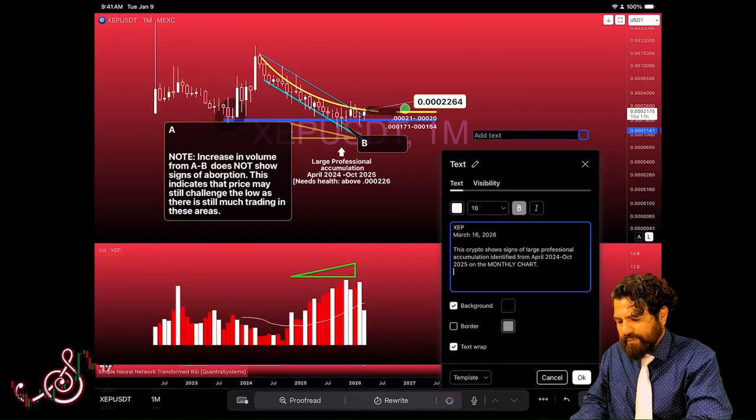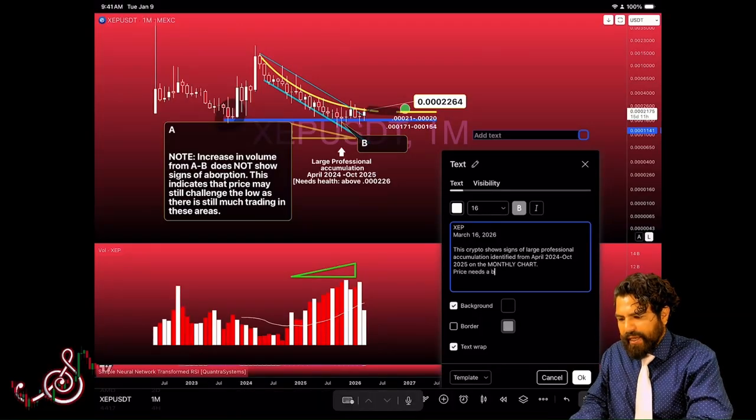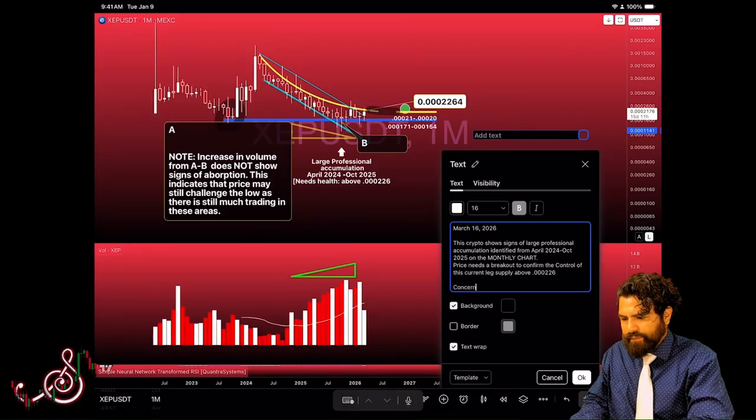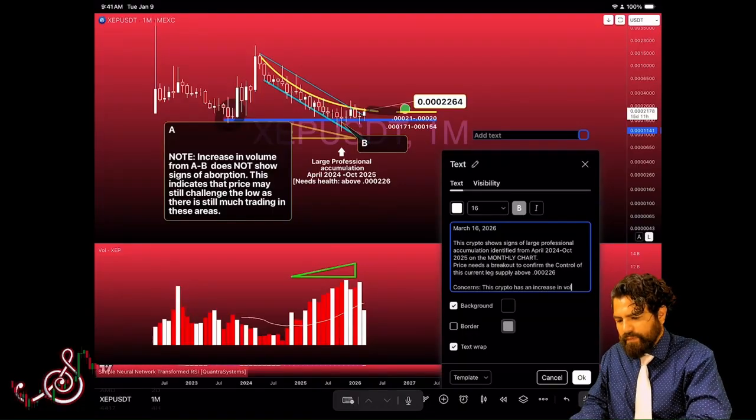Price needs a breakout to confirm the control of this current leg supply above 0.000226.